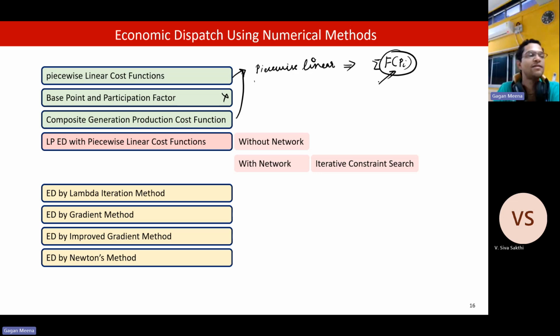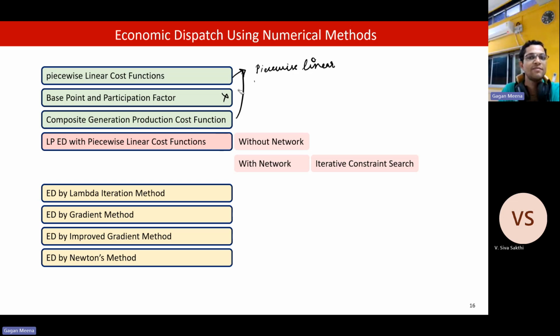Now we want to make it linear. So how to do that, and what things will change, we will see in this: linear programming economic dispatch with piecewise linear cost function, without network and with network.